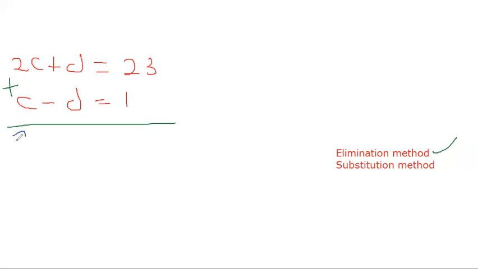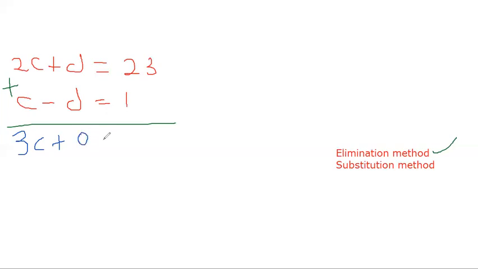Exactly, 3C. Now, I told you this now. D minus D is what? Can you tell me what is D minus D? 0. Exactly, it is 0.